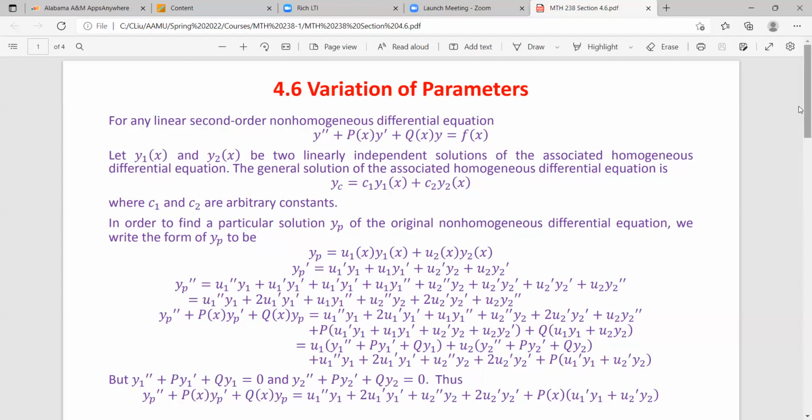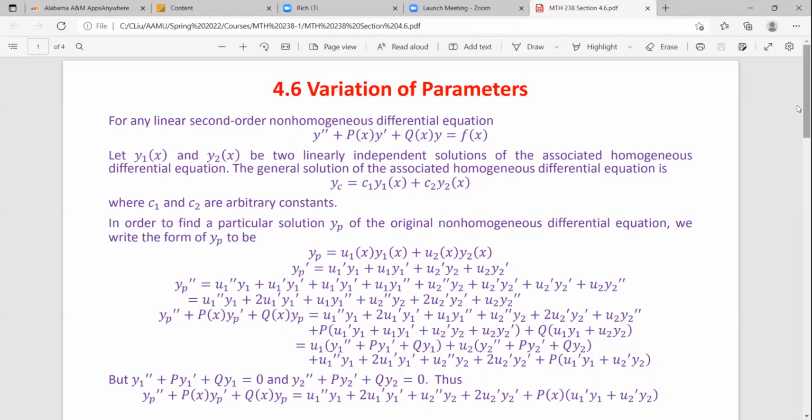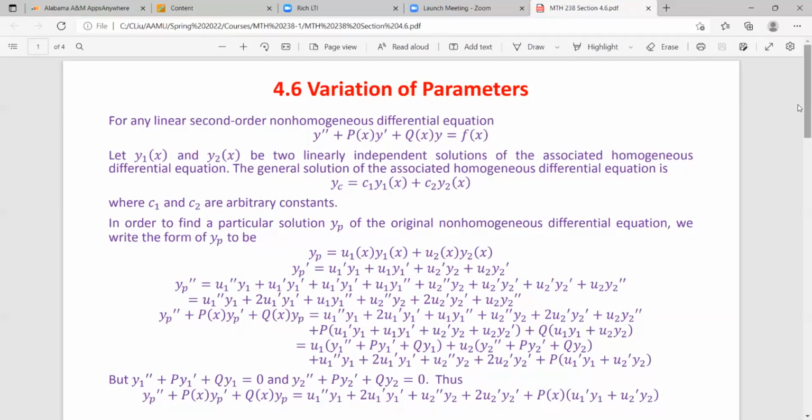But we know y1 and y2 are solutions of the associated homogeneous differential equation. So that means y1 double prime plus py1 prime plus qy1 equals 0, and y2 double prime plus py2 prime plus qy2 equals 0. All right.